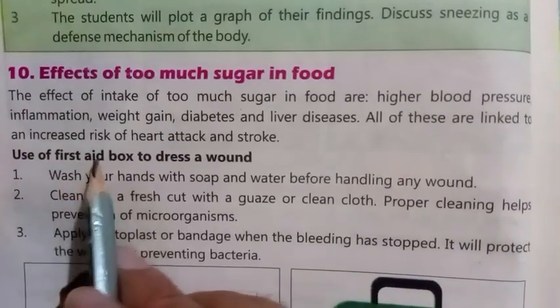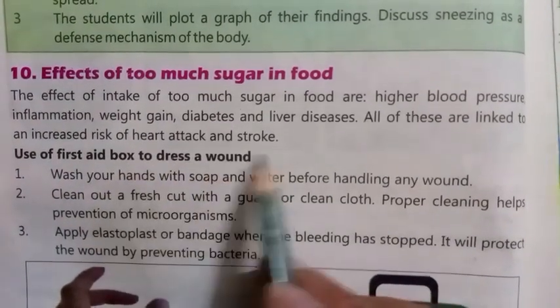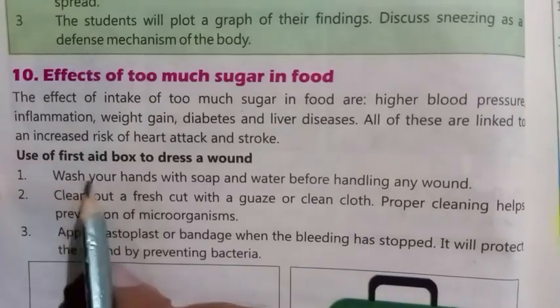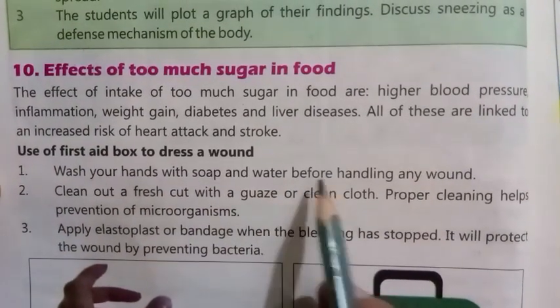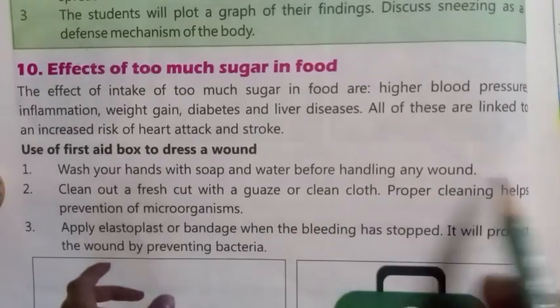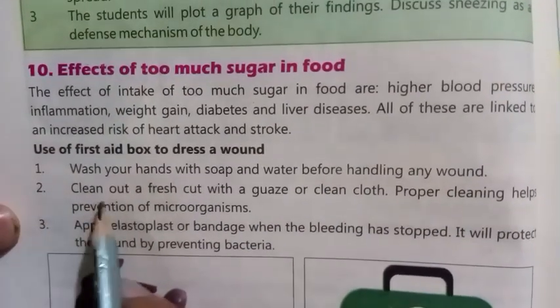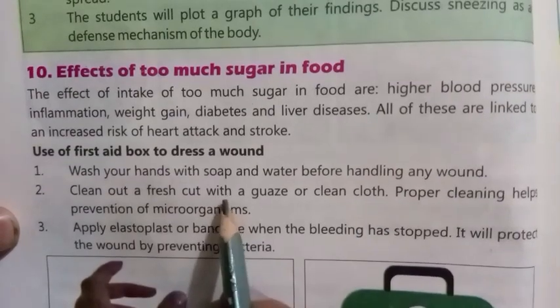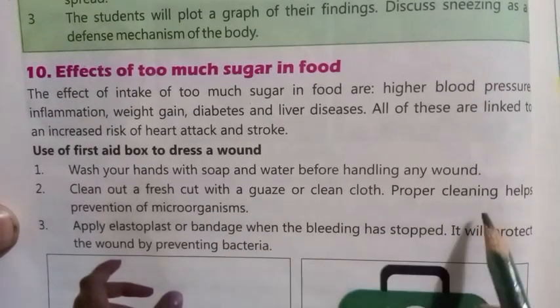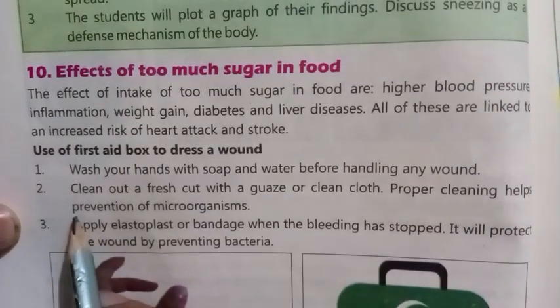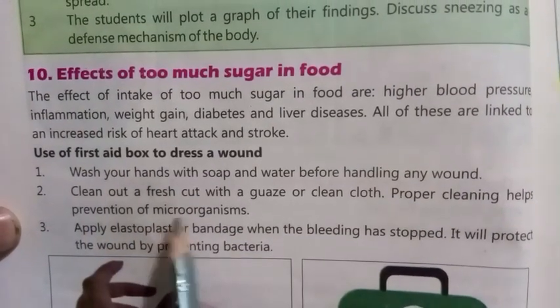Use of first aid box to dress a wound. Number 1. Wash your hands with soap and water before handling any wound. Number 2. Clean out a fresh cut with a gauze or clean cloth. Proper cleaning helps prevention of microorganisms.